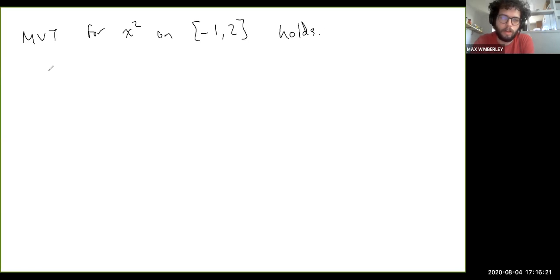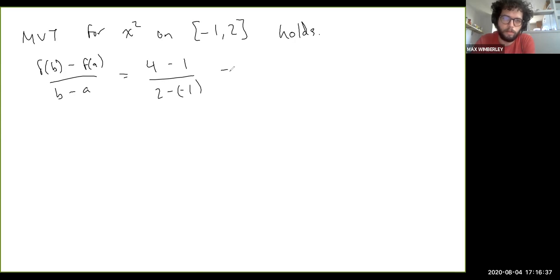So in this case, f of b minus f of a over b minus a is 4 minus 1 over 2 minus negative 1. So that should be just 1, right? And f prime of x is 2x.